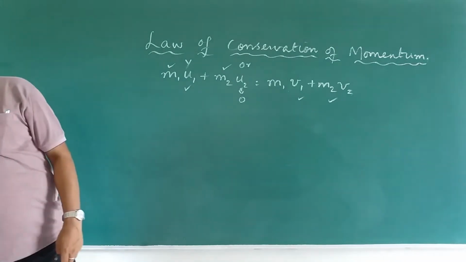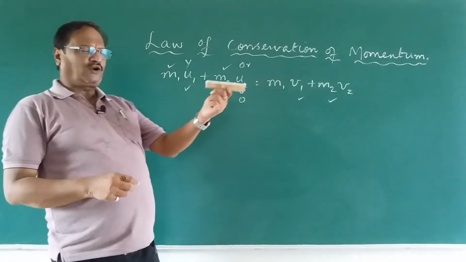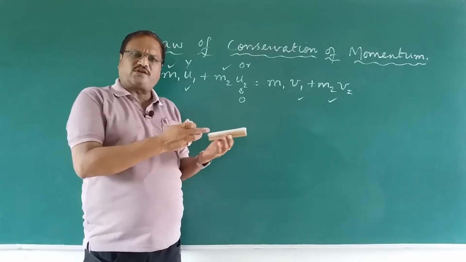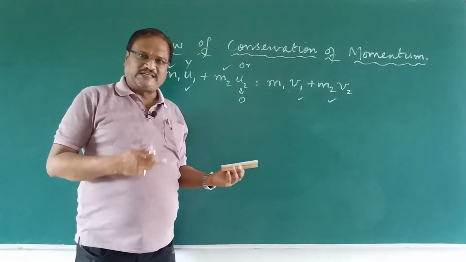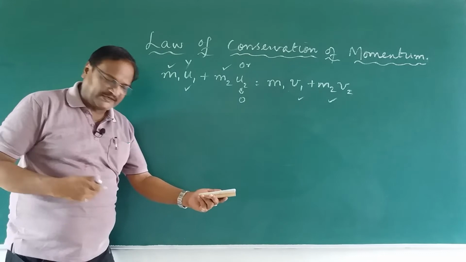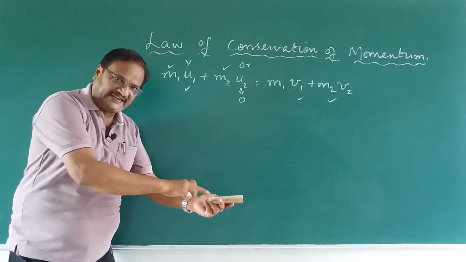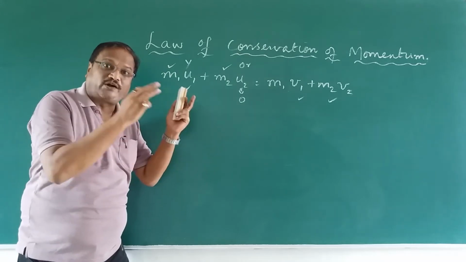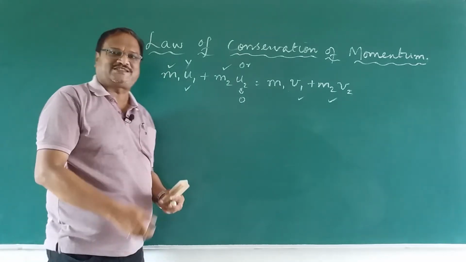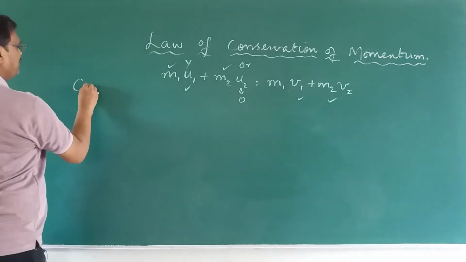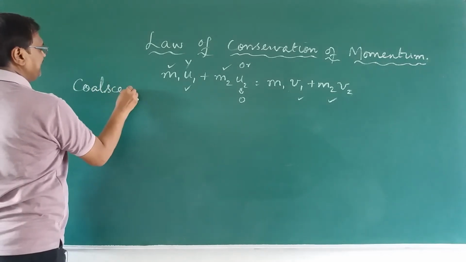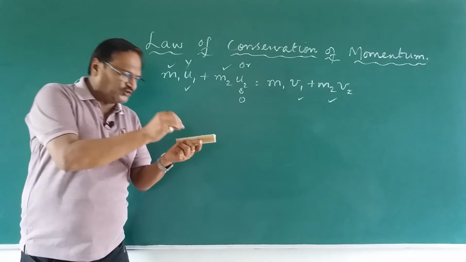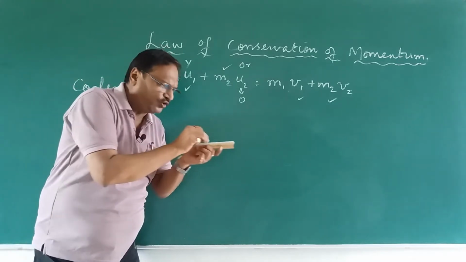Now there can be another case. I have got a duster here and there is a girl, let us say. You can take a skate, for example. A person is coming with a particular velocity and the skate is at rest, and when I stand on that, both bodies coalesce together. Coalesce, C-O-A-L-E-S-C-E, check the spelling please, and they go together.